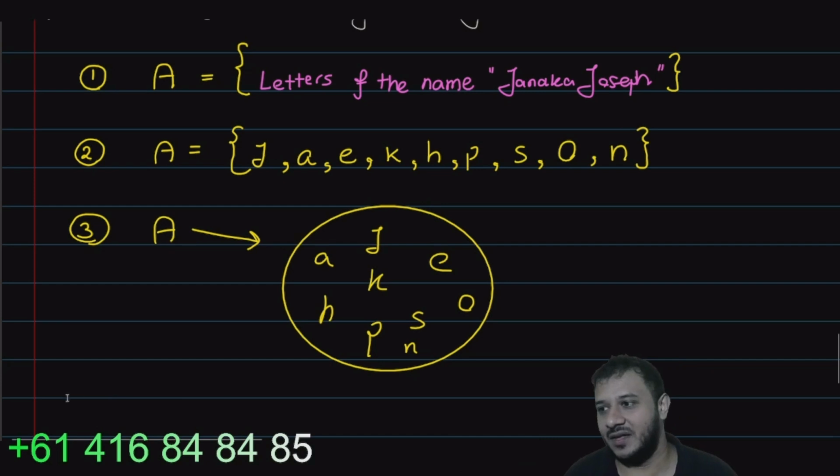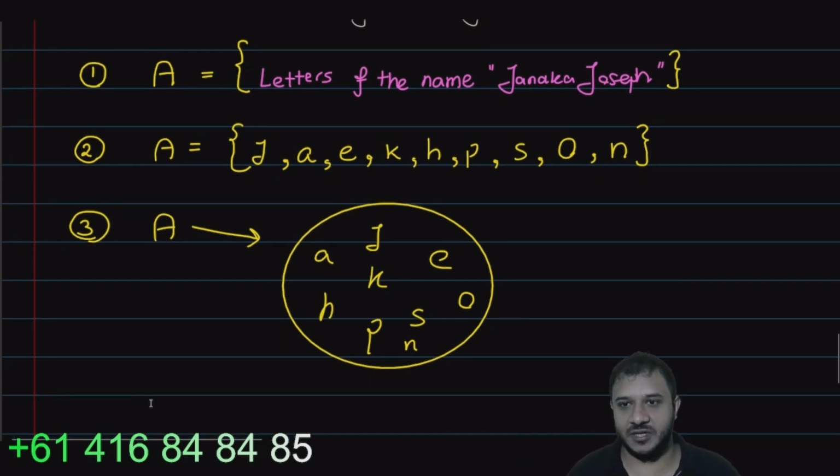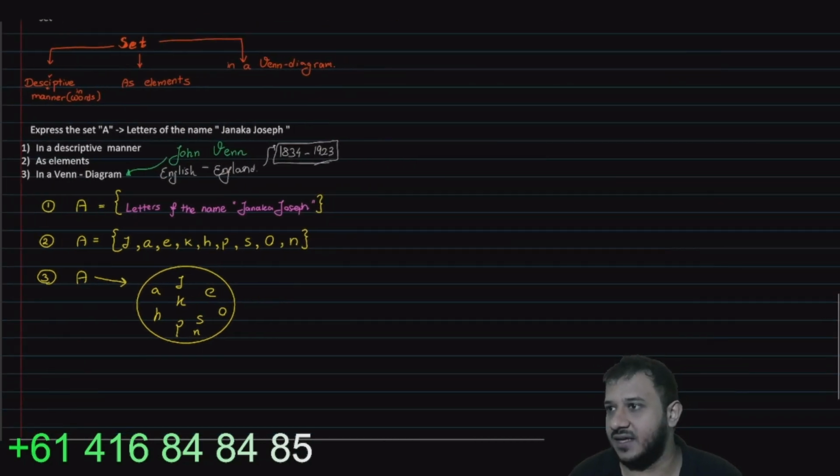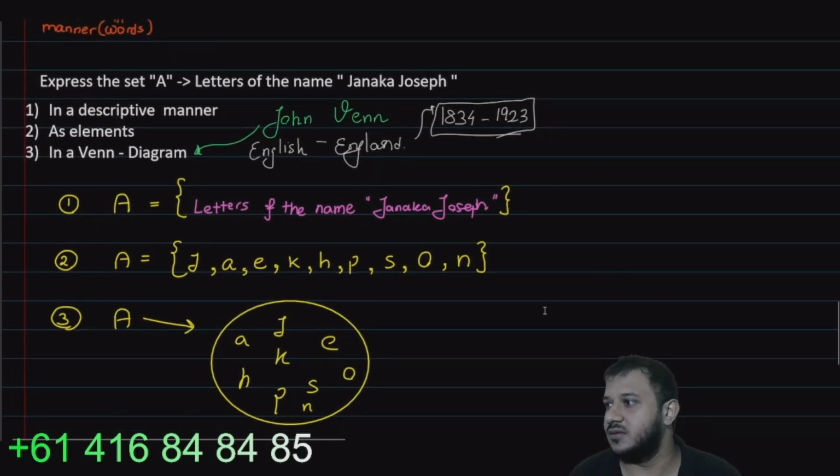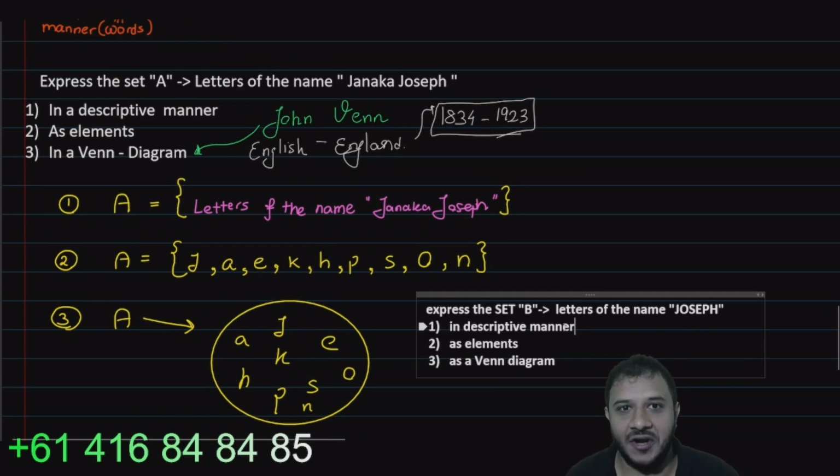Alright, let's do another question together. Now the next question is the same thing I want you all to do for your name. Express the set B, letters of the name, and write down your name here.